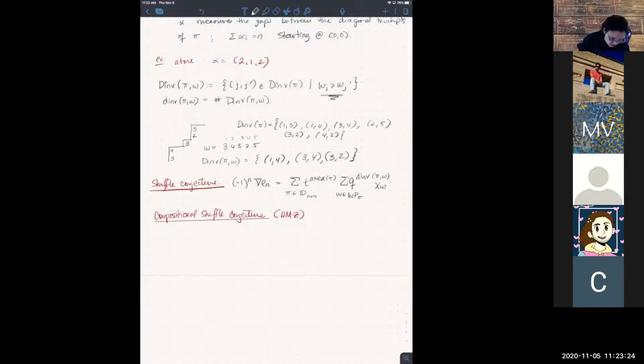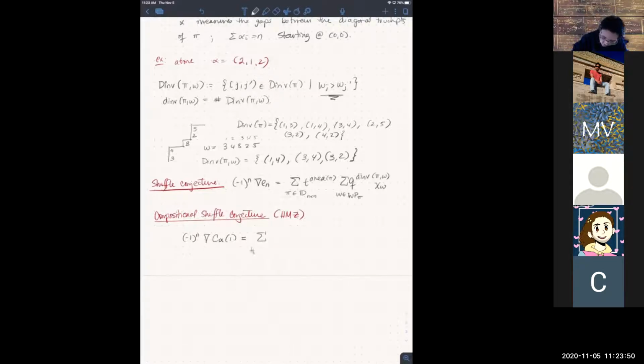The refinement tells you that if you take -1 to the n of nabla of another operator called C alpha, I'll tell you what that is in a second, of 1, this can be written instead of summing over all Dyck paths, we're only going to sum over Dyck paths that are indexed by a very specific composition that determines its touch sequence, essentially.